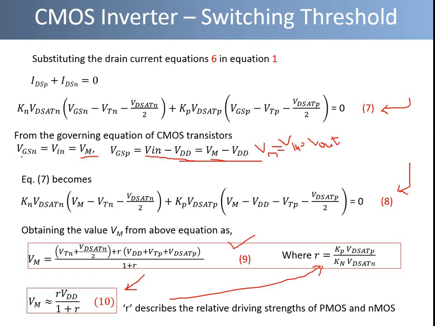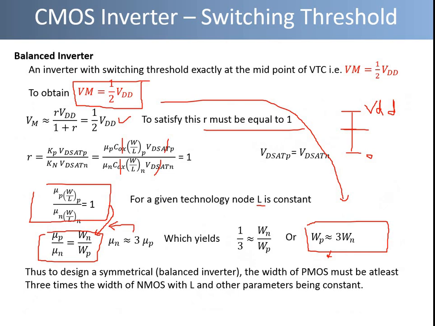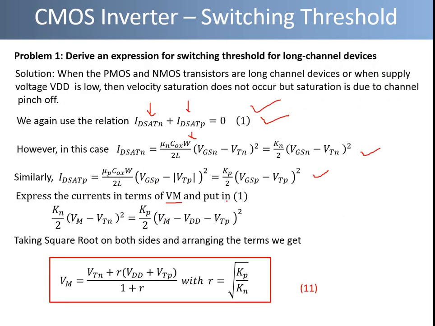So we can replace these values over here and put them in equation number 1. Now, as we have the square term, we take the square root on both sides and rearrange the terms, and we obtain an expression for the switching threshold for long channel device.